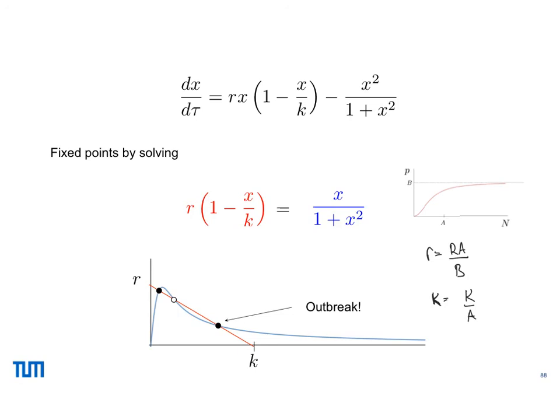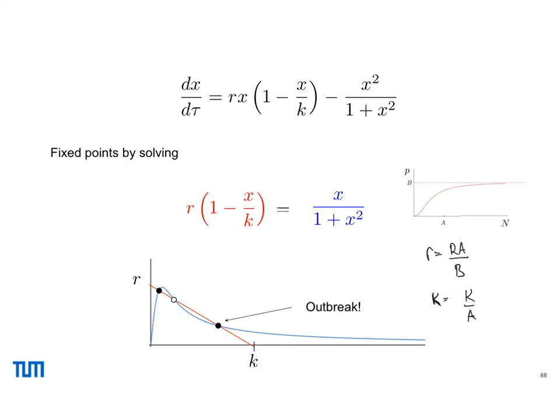So what does it mean in terms of this? Imagine the capacity of the fir trees doesn't change, it remains like that for a long time, because this is a slow time variation.